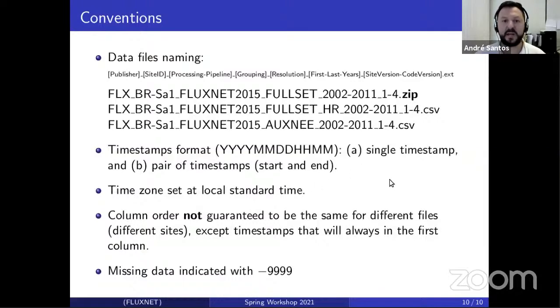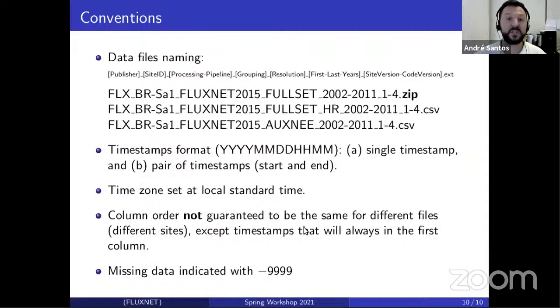The time zone of the data is the local time zone of the tower, and the column order of the files is not guaranteed to be the same for different sites.